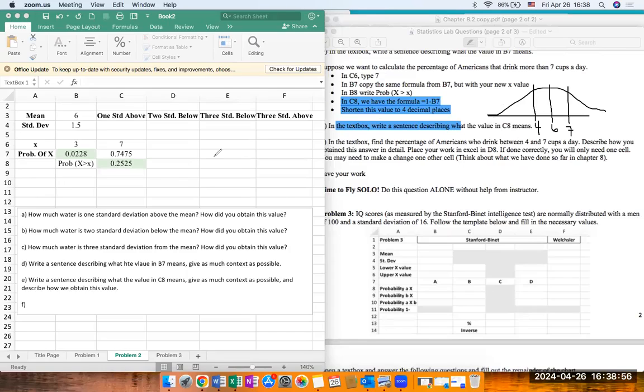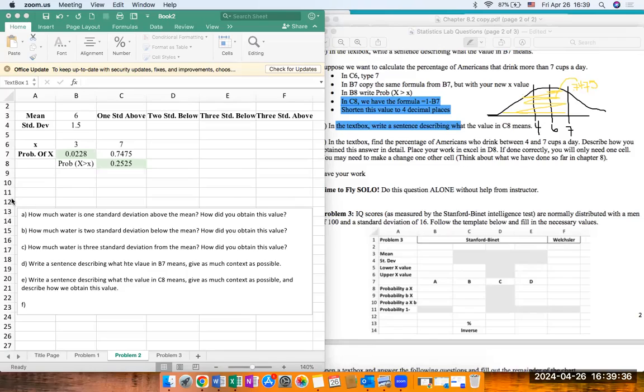So from your previous problem, we said, well, this percentage right here, this one in C, what is that, C8? In C7. So in C7, we have the probability. We have all of this probability, and that came out to be 0.7475.